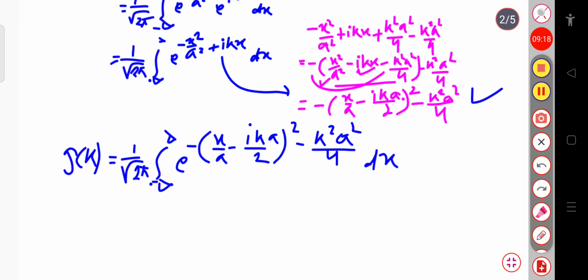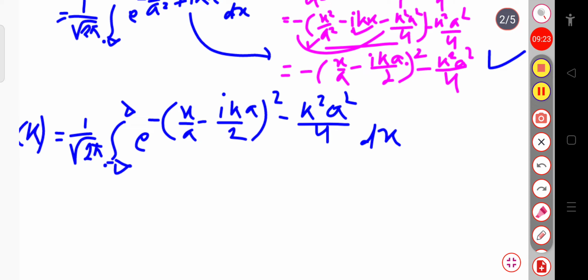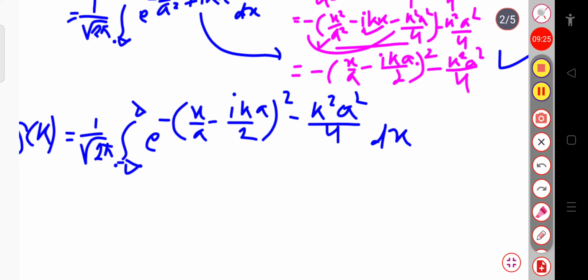Now we can see that this can be written as exponential of this square term into exponential of minus k square a square by 4. We can write it as exponential minus of x by a minus ika by 2 whole square into exponential minus k square a square by 4.